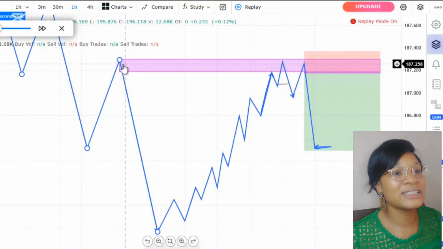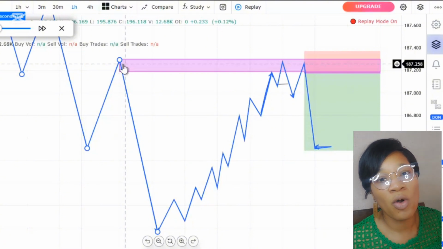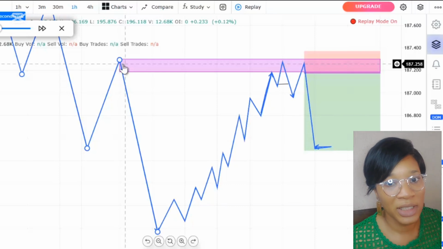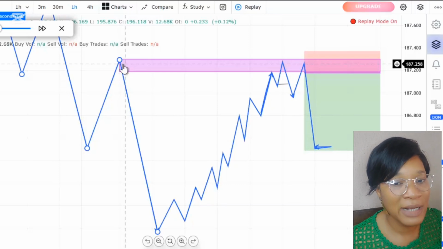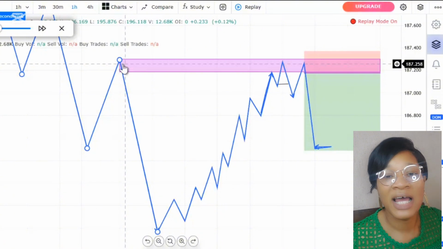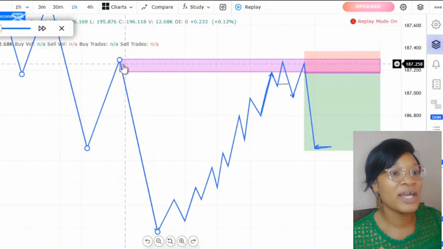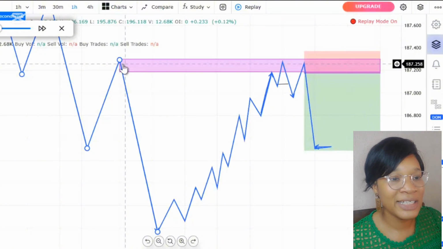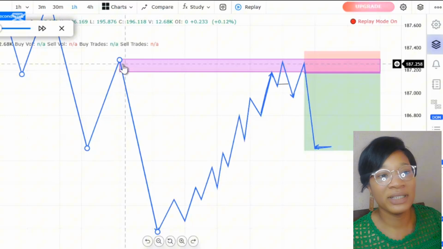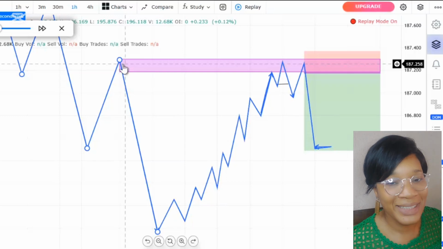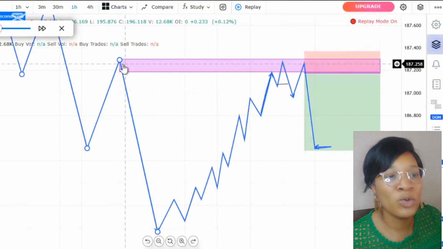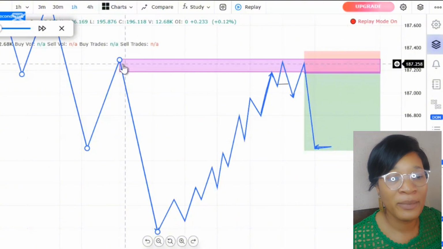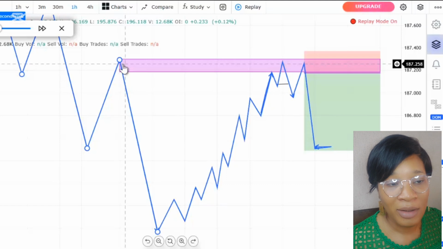Okay, but one thing you should know is that price doesn't always give this confirmation entry. Price doesn't always give this change of character on the lower time frame. Sometimes price will just go snipe it and then boom. So it gives higher accuracy, but you will not always see it. Price will not always present this opportunity for you to go down to the lower time frame and confirm if it is actually ready to move.